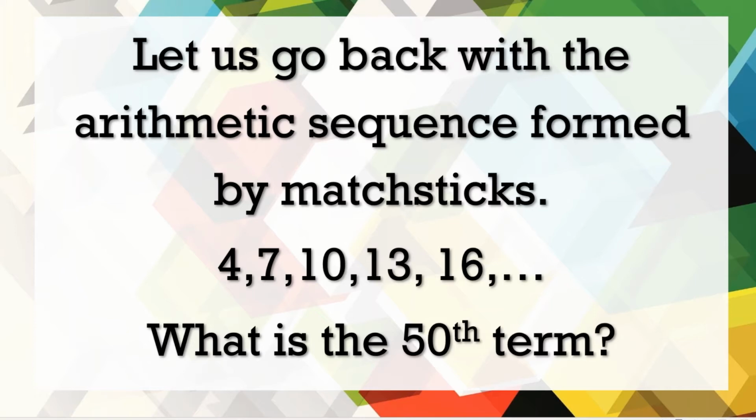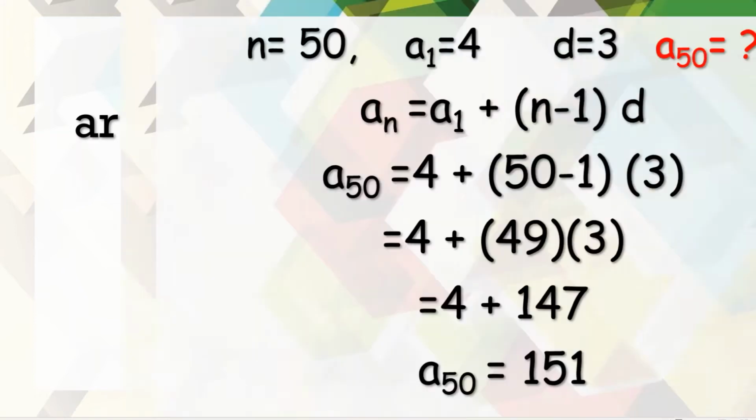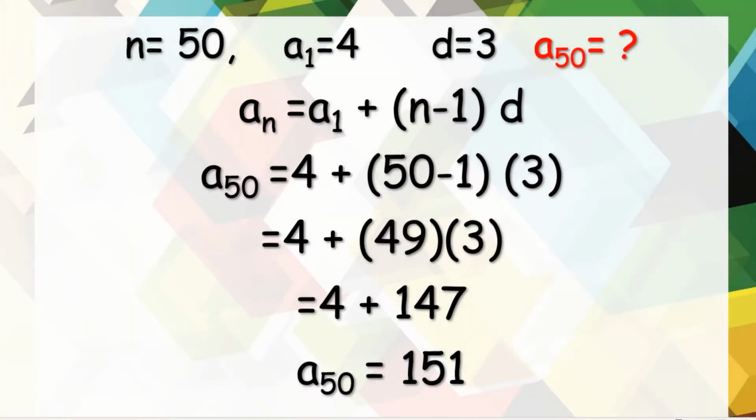What is the 50th term? We have the following given: n equals 50, a sub 1 equals 4, d equals 3. We are looking for the 50th term.